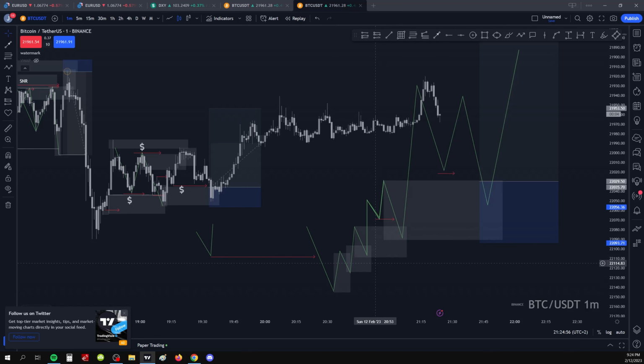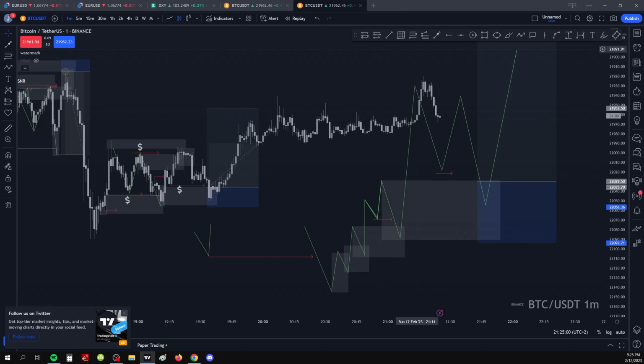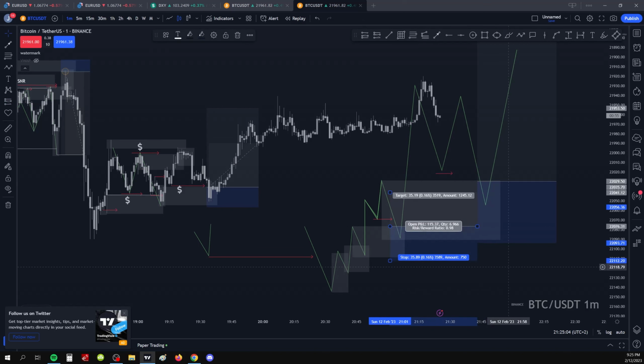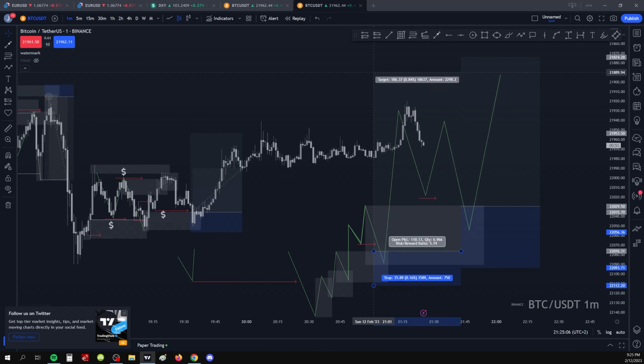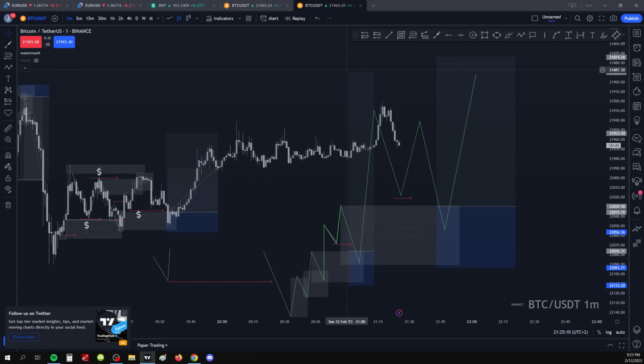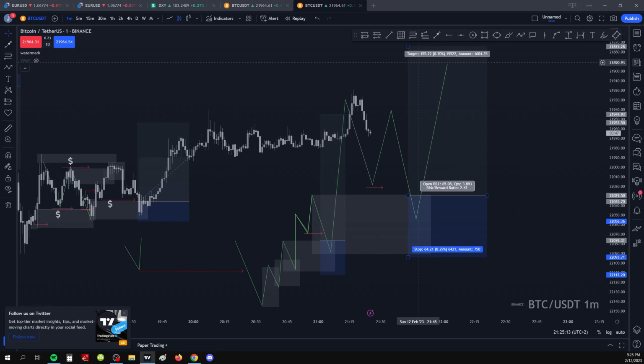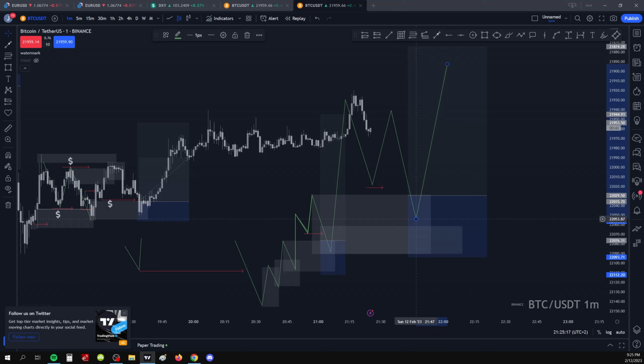Mitigation, mitigation, high, low, high, inducement. We can take a long from here, even. We take a long from here, then this becomes your next zone to mitigate.